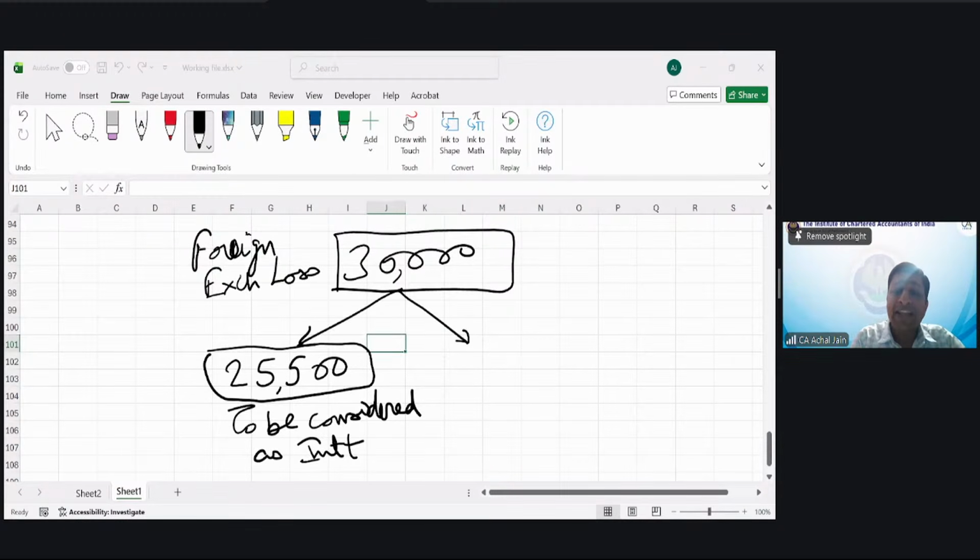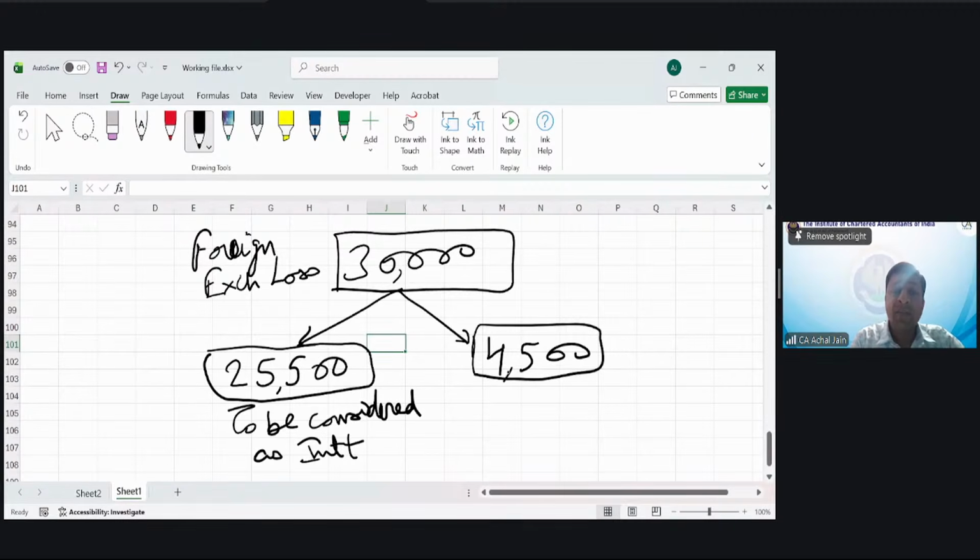Now, what about the balance amount? The balance amount will remain as it is. Means this is foreign exchange loss only. So this will continue to be treated as foreign exchange loss. Now, what is going to be the implication of that?